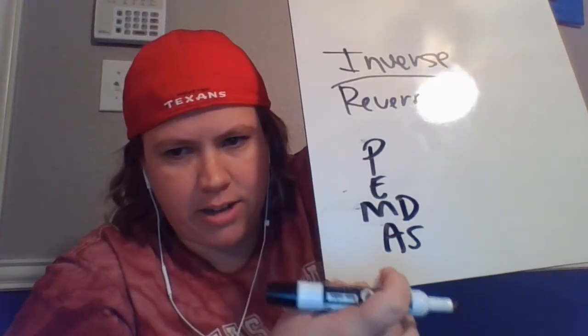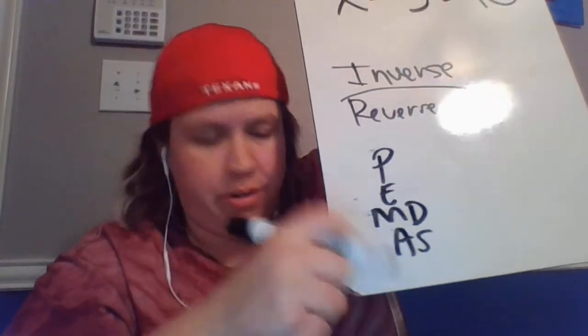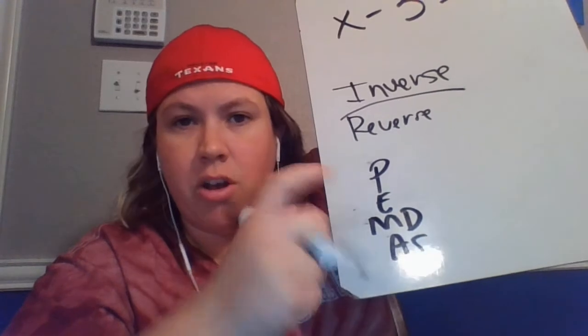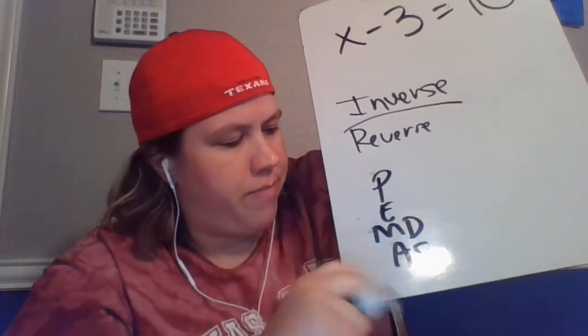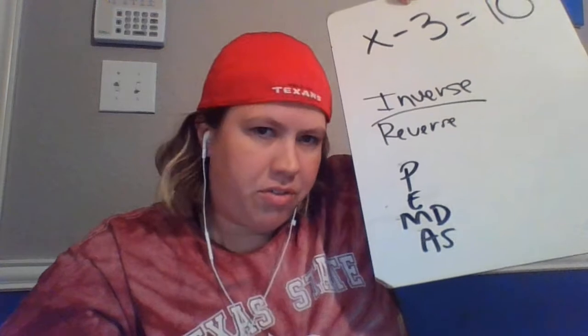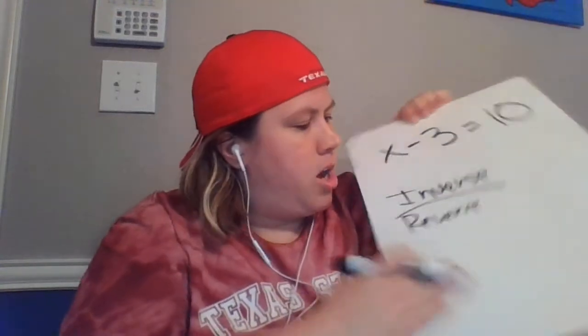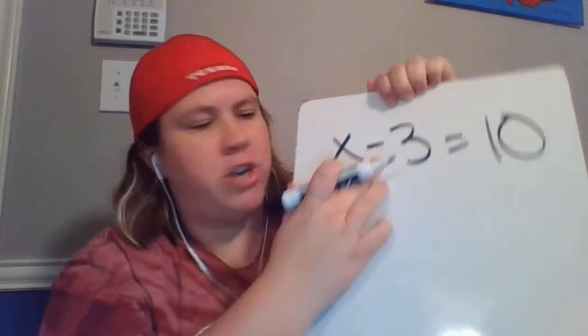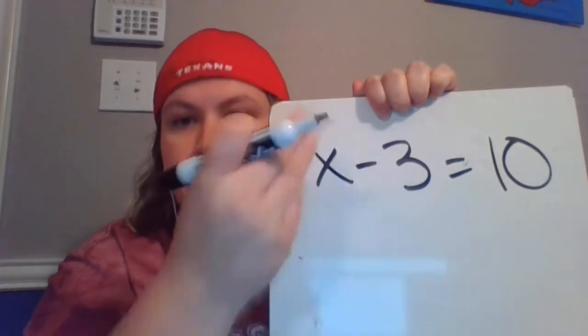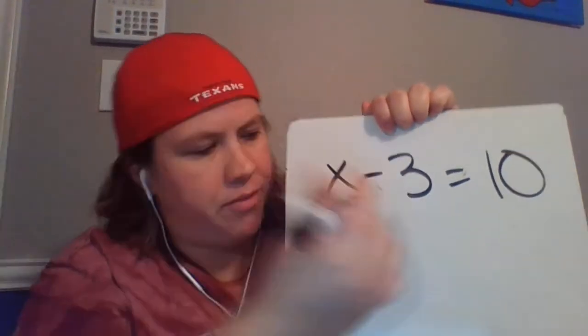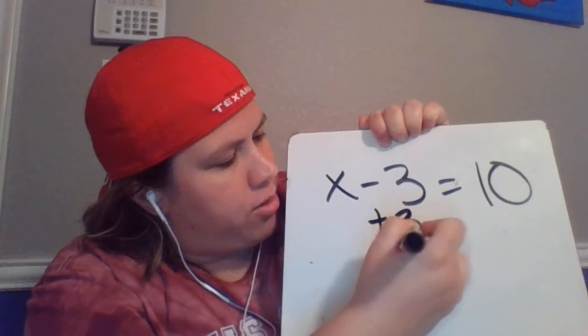Adding and subtracting go together and they undo each other. Multiplying and dividing go together and they undo each other. Exponents and parentheses are by themselves. They're special. So we're going to do the inverse of subtraction. Hopefully you're already thinking, that means addition. Awesome, perfect. So we're going to add 3.